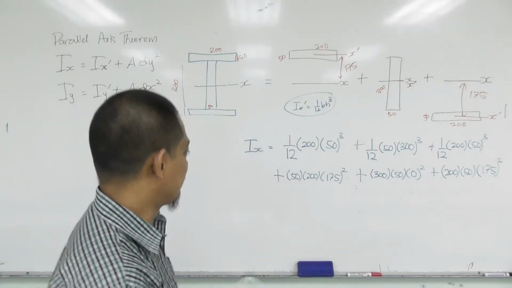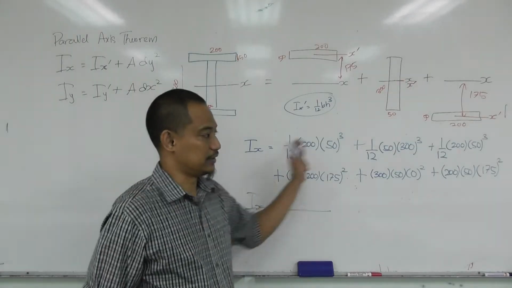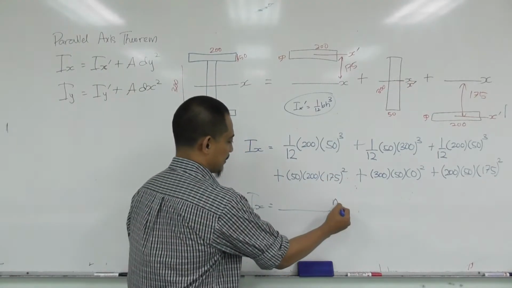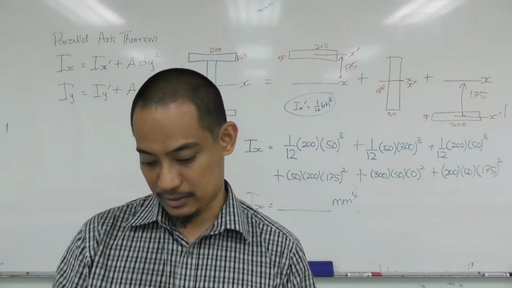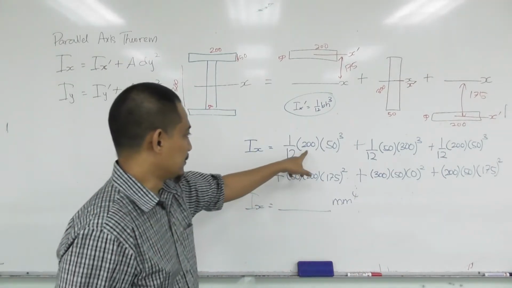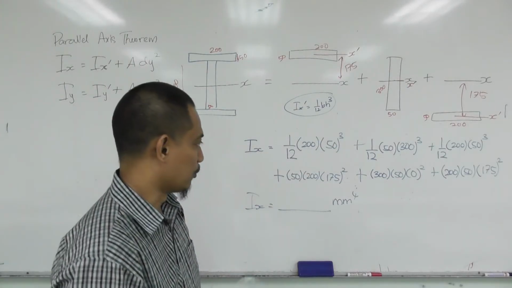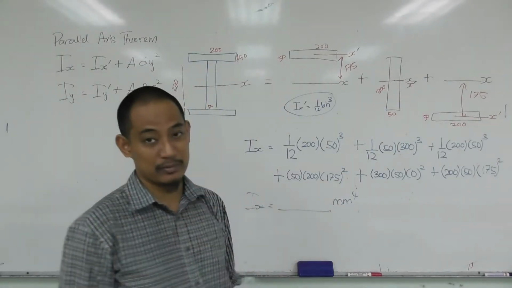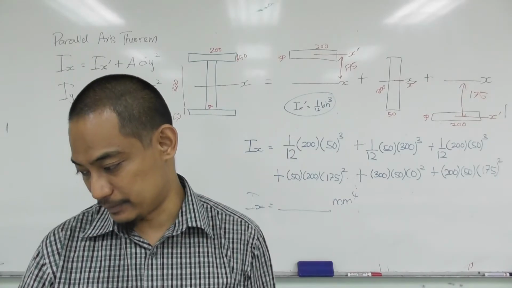Alright, so basically that Ix is just the whole thing you add. In this case it becomes millimeter to the power 4, right? Because I input all the data in terms of millimeter. So obviously millimeter cubed becomes millimeter to the power 4, or same here, millimeter square becomes millimeter to the power 4. So that is the value that you will get, right?